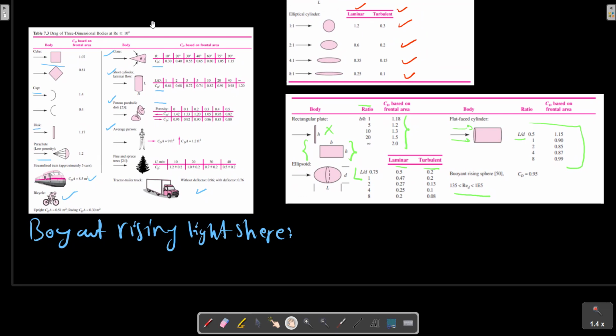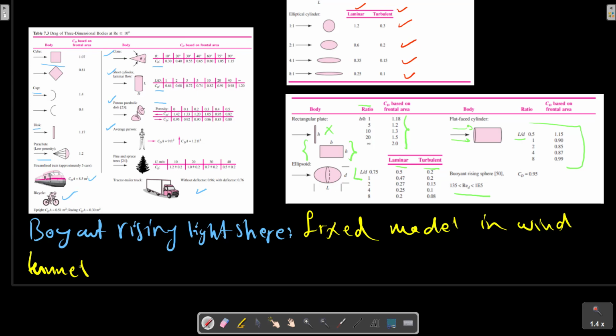For a fixed model in a wind tunnel and from falling sphere tests, they indicate a drag coefficient of about 0.5, excuse me, 0.5 to 1, in the range of Reynolds D.